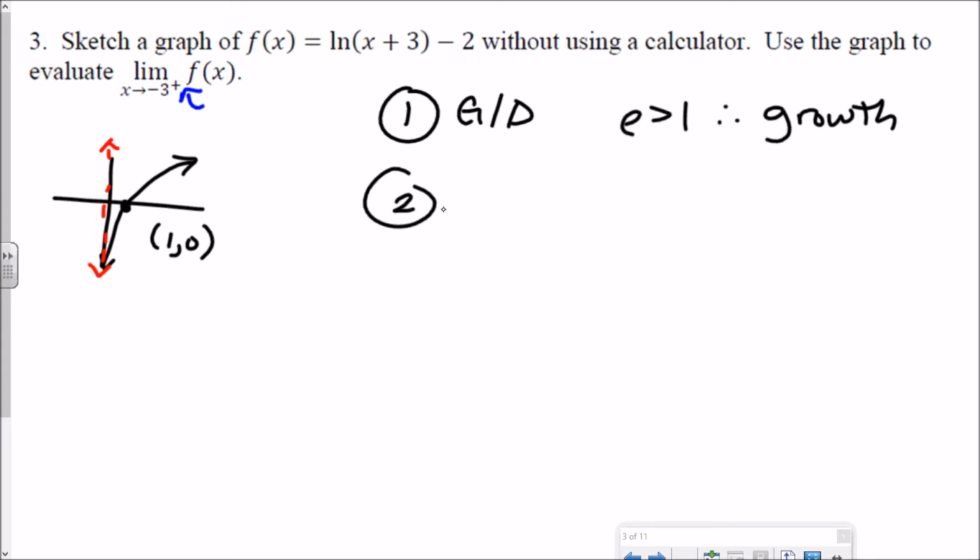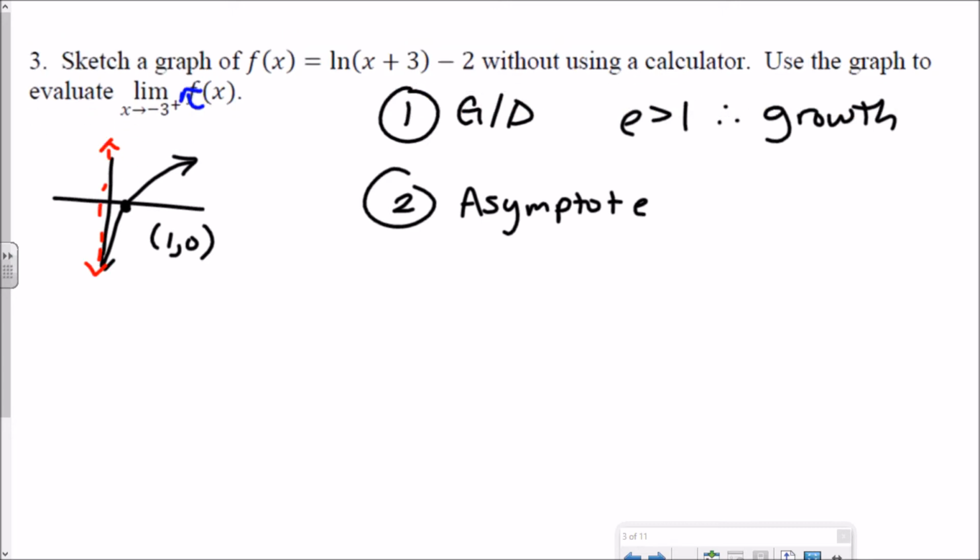All right, next thing we need to talk about is the asymptote. The asymptote is going to be our transition.